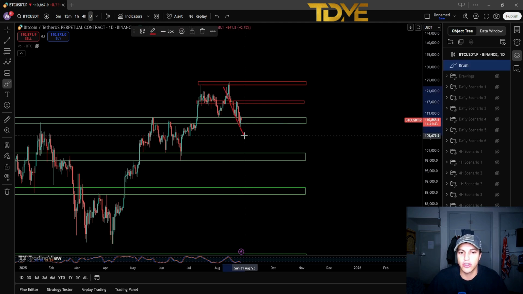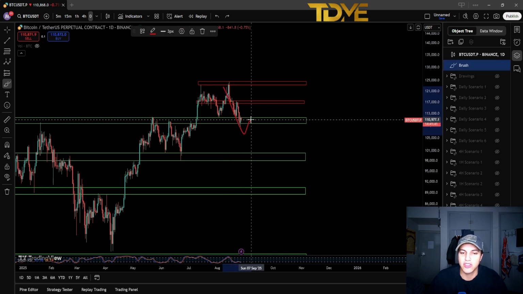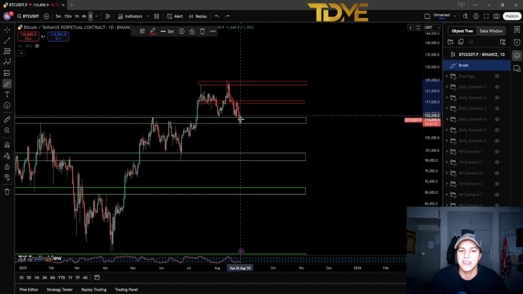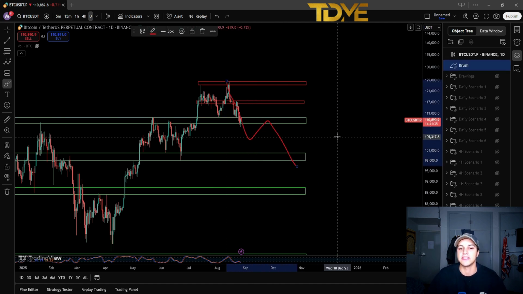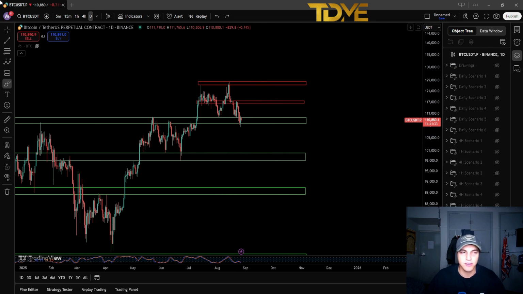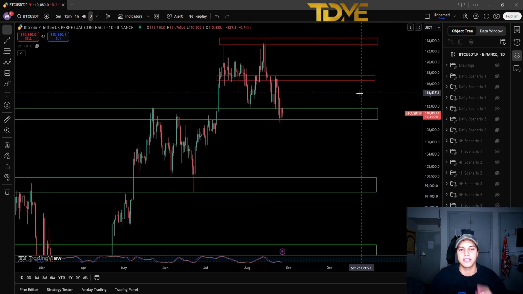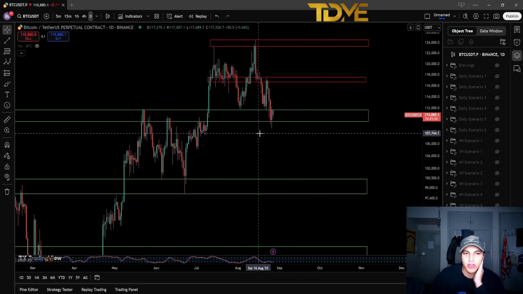If we do crash through and this turns into resistance and we go lower, we would possibly be looking more at the 5-wave structure ABC towards the downside. So that is currently what I see on support at the moment, but we are currently at support. We have not yet flipped the support.